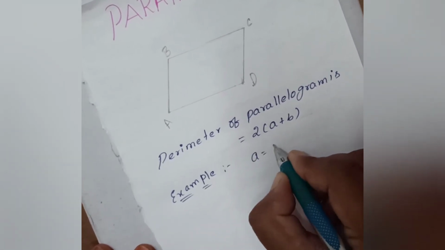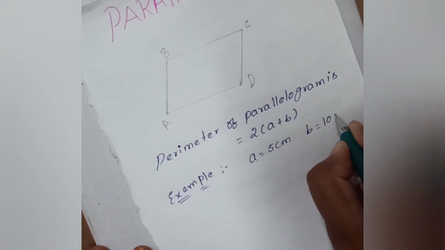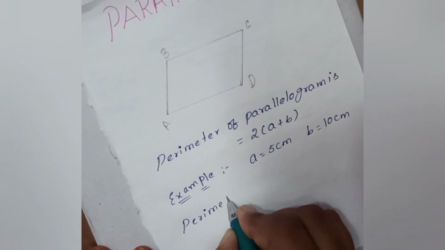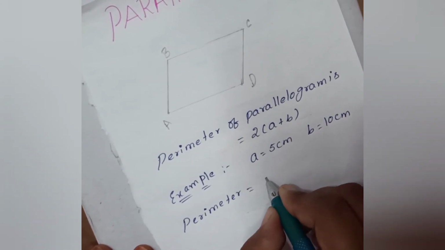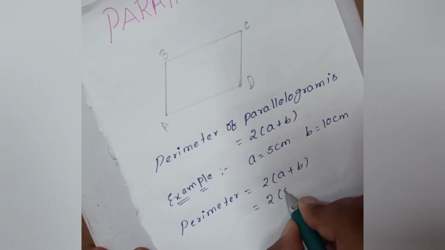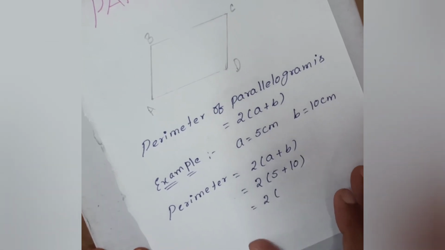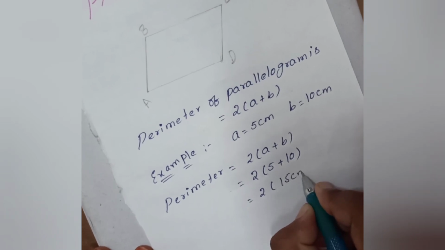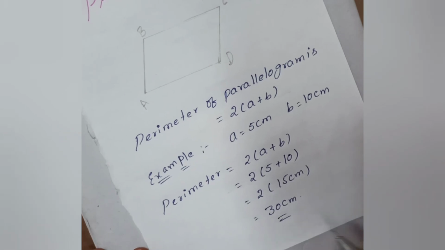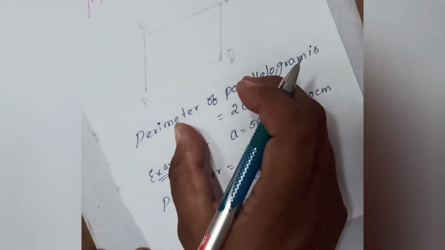A equals 5 centimeters, B equals 10 centimeters. What is the perimeter of the parallelogram? 2 into A plus B. 2 into, A is 5 centimeters and B is 10 centimeters, 2 into 15 centimeters. 2 15s are 30 centimeters. 30 centimeters is the perimeter of this particular parallelogram.